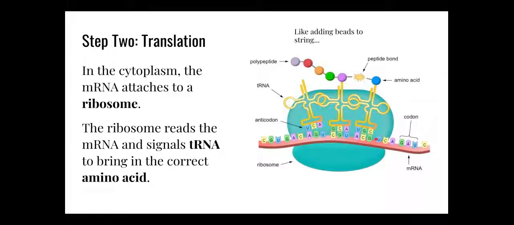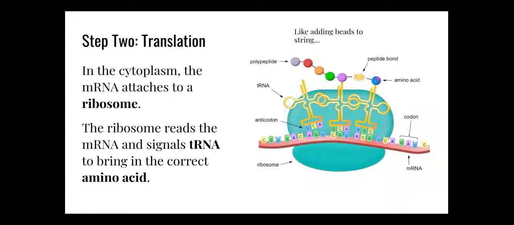It exited the nucleus and it attached to a structure called a ribosome, this teal blue colored molecule here. The ribosome read that code and it signaled something called a tRNA, which is right here, to bring in an amino acid that matched whatever code the mRNA had on it.